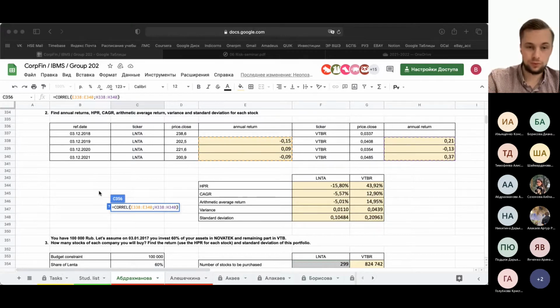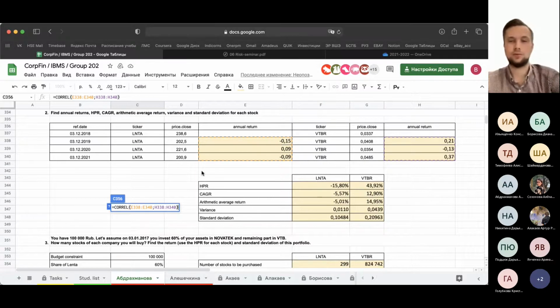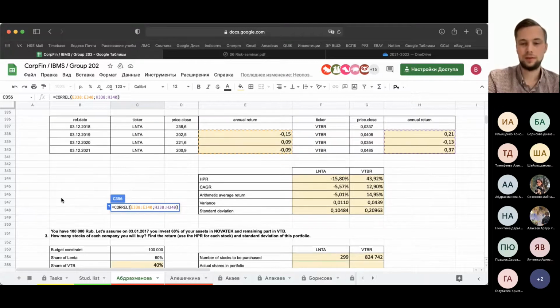We can actually calculate it by hand if we want, but let's use formulas because in real life we're going to use formulas in Excel. Okay, can we move on? Thank you.